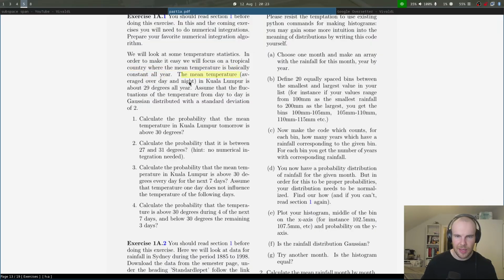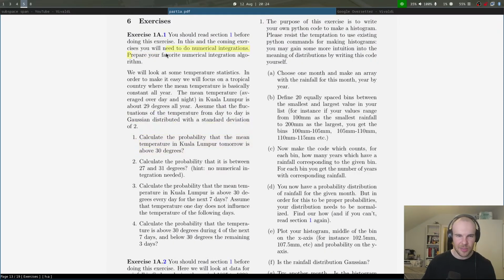The mean temperature averaged over day and night in Kuala Lumpur is about 29 degrees all year. Assume that the fluctuations of the temperature from day to day are Gaussian distributed with a standard deviation of 2. Okay, first, calculate the probability that the mean temperature in Kuala Lumpur tomorrow is about 30 degrees.